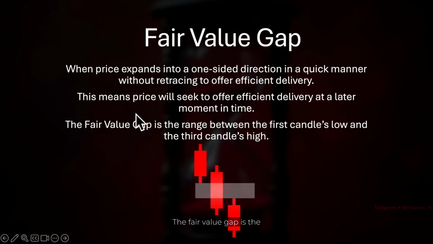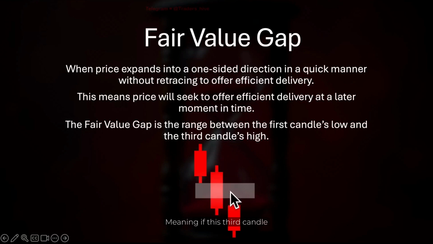The fair value gap is the range between the first candle's low and the third candle's high. Meaning when we pay attention to this price pattern, what you can see is that there's a difference between the first candle's low right here and the third candle's high. Meaning there's a gap right here. There's a lack of buy-side delivery inside of the price range of this middle candle.